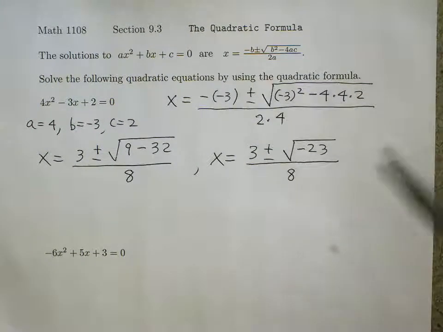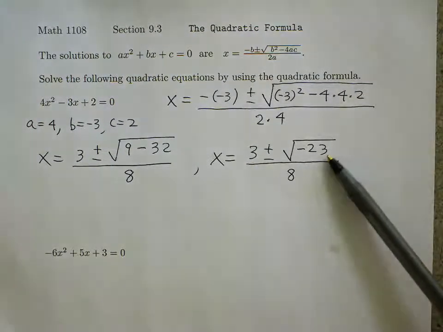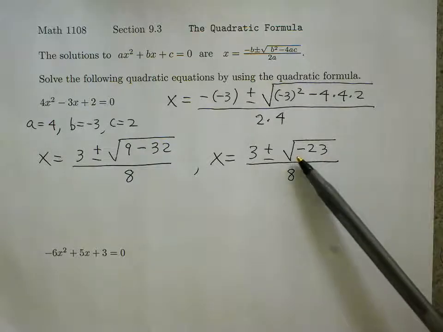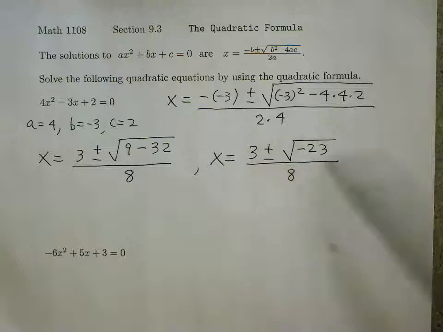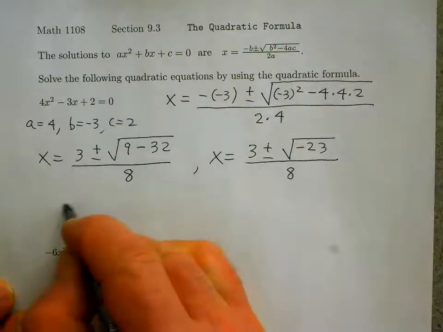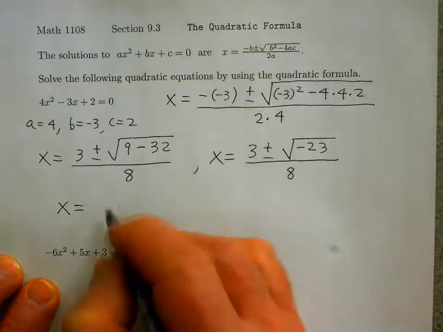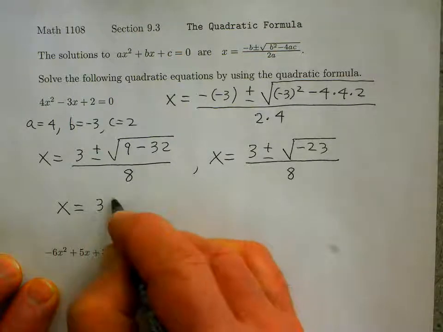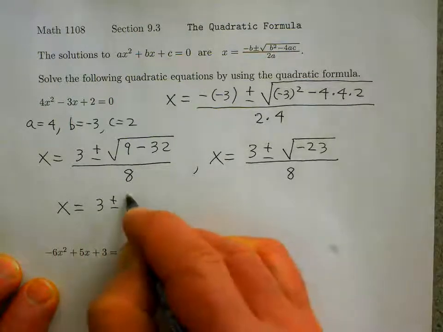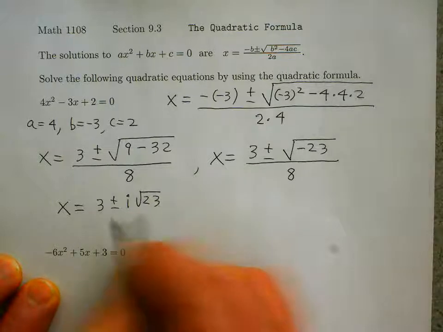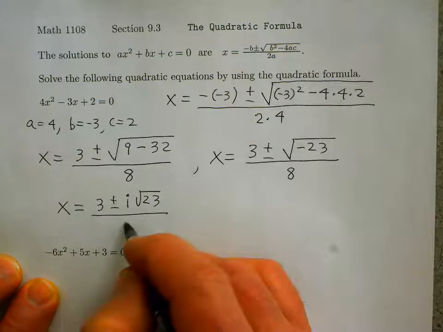Well, we now know how to handle square roots of negative numbers. We're going to replace the square root of -23 with I times the square root of 23. So write the solutions as x equals 3 plus and minus I times the square root of 23, all divided by 8.